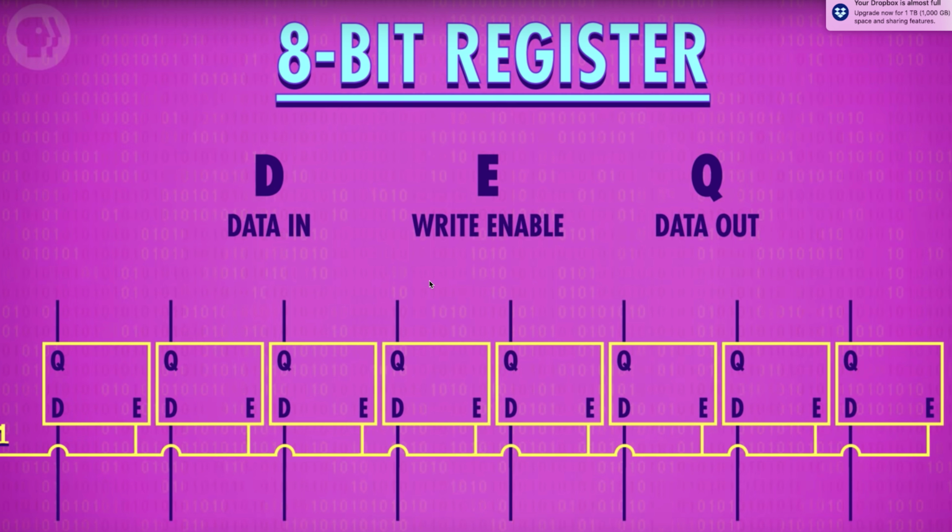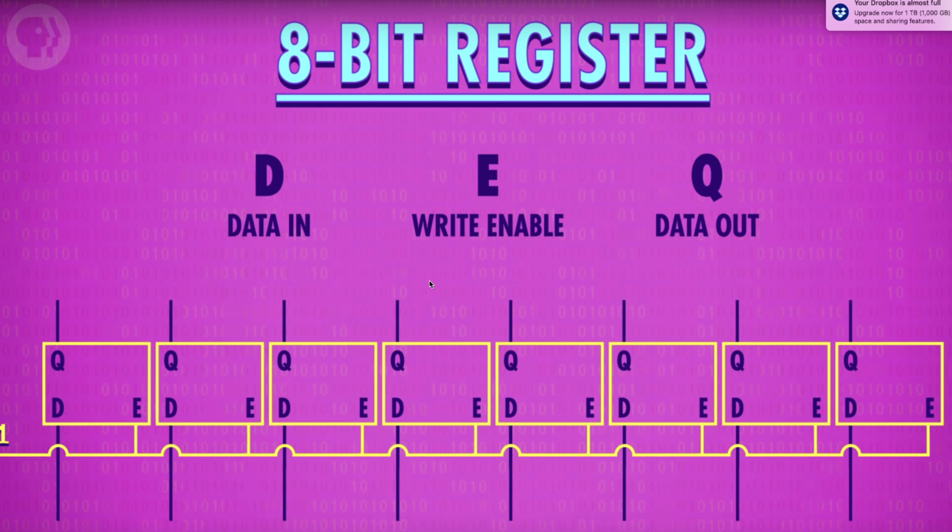But it turned out that as you get more and more bits for a register, you get a lot more wires. You're already using 17 wires because 8 times 2 is 16 plus 1 is 17. And if you actually needed a 16-bit register, you'd need 33 wires.